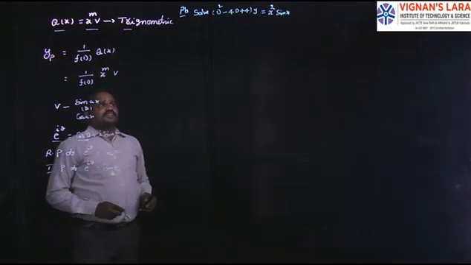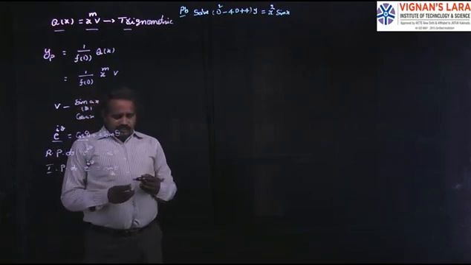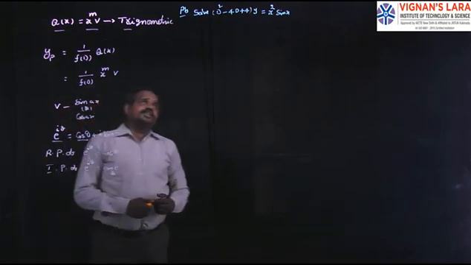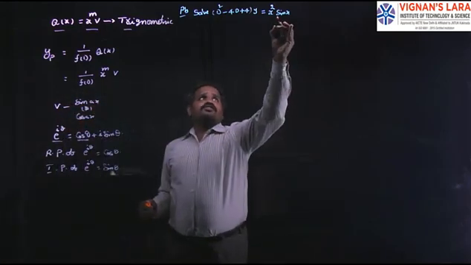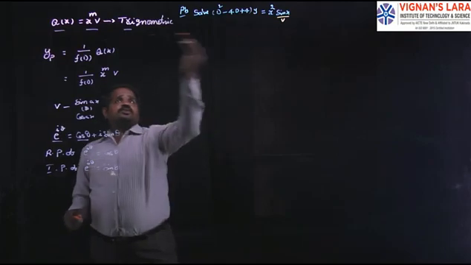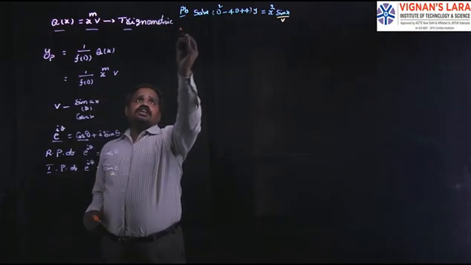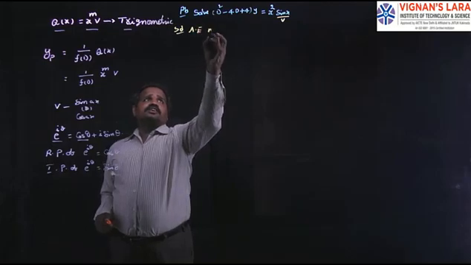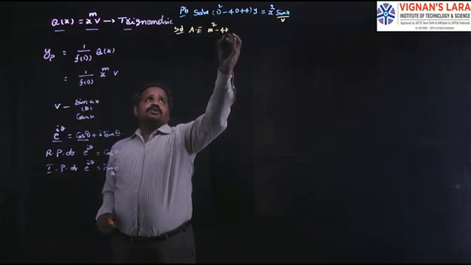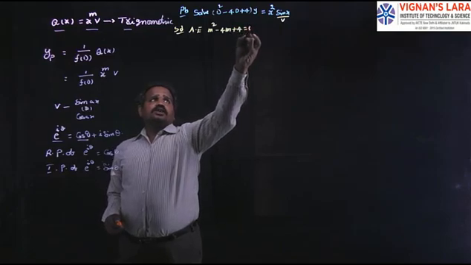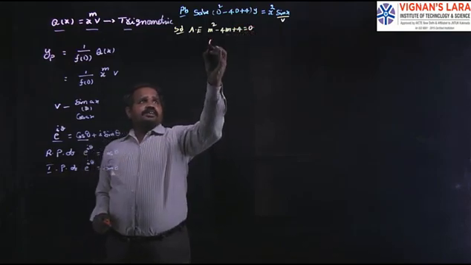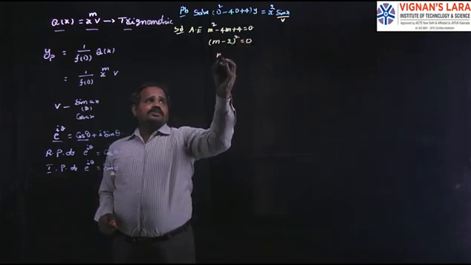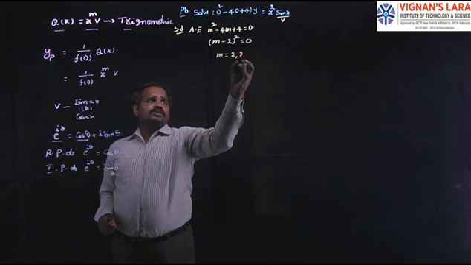Here this is in the form of x square into V. First, given the operator form, we directly write the auxiliary equation: m square minus 4m plus 4 is equal to 0. This can be written as m minus 2 whole square is equal to 0, that is m is equal to 2.